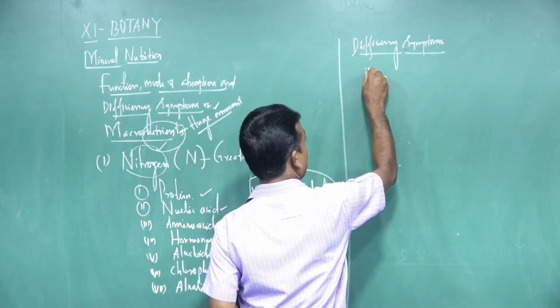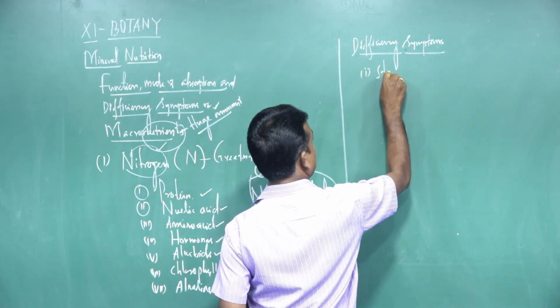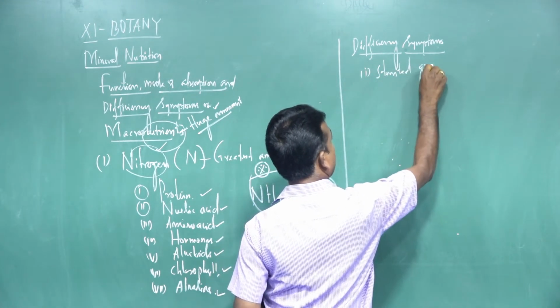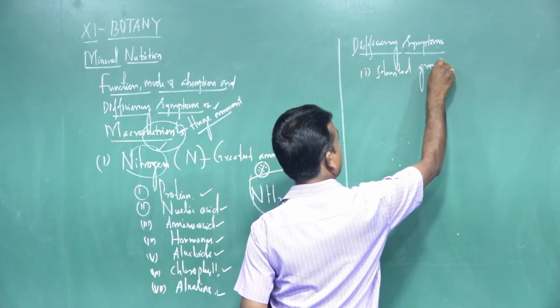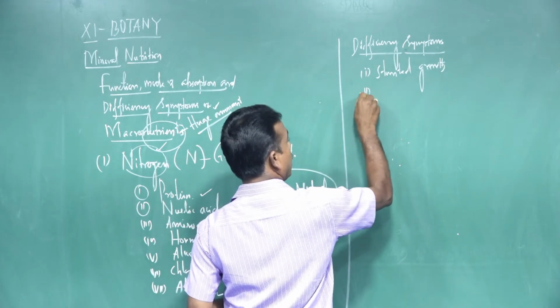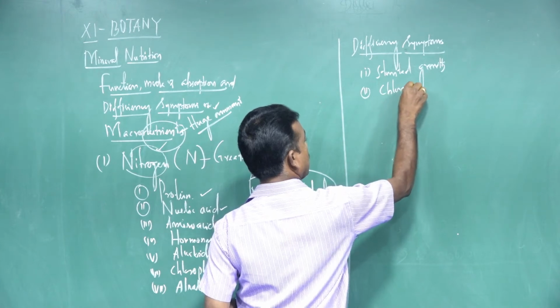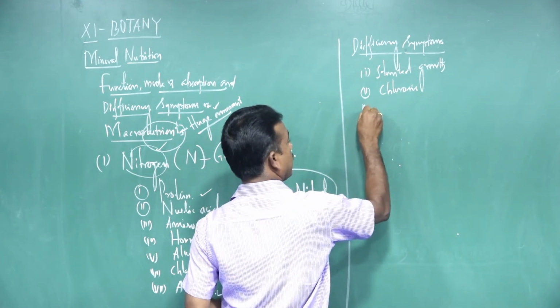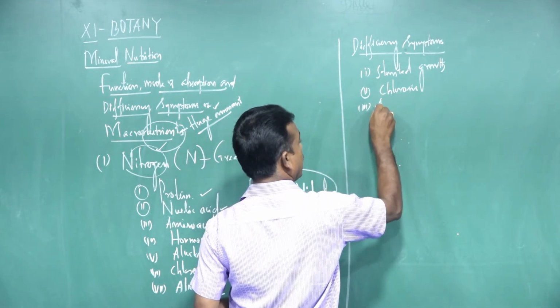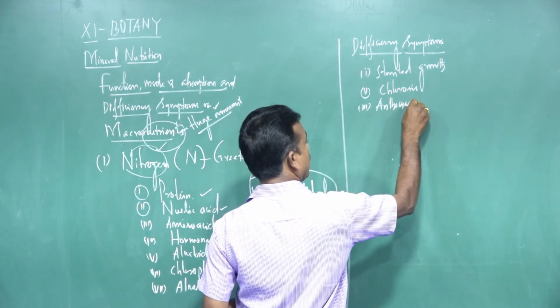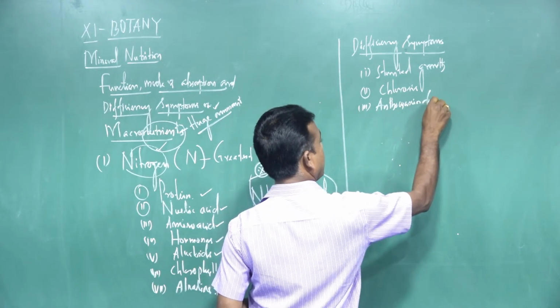First one, stunted growth. Second one, chlorosis. Third one, anthocyanin formation.